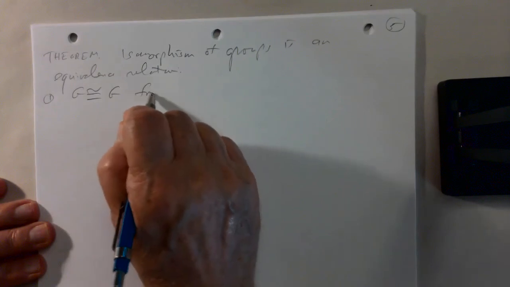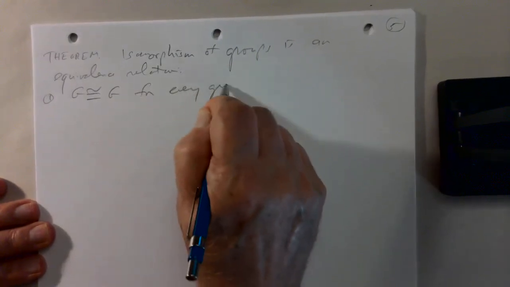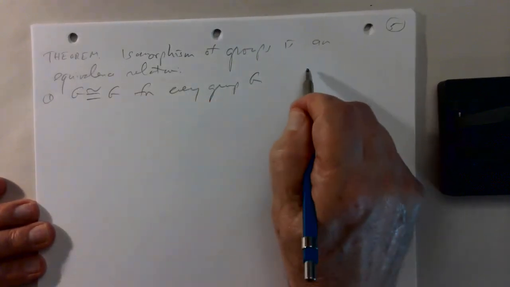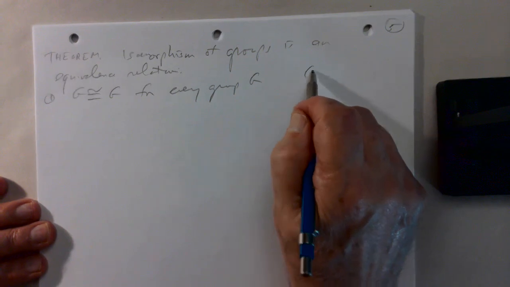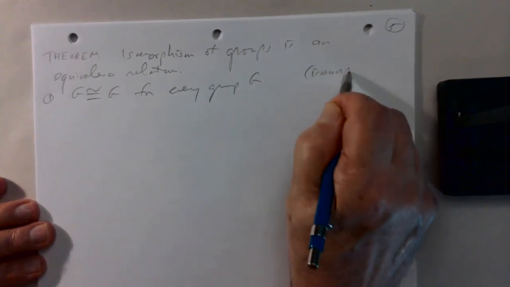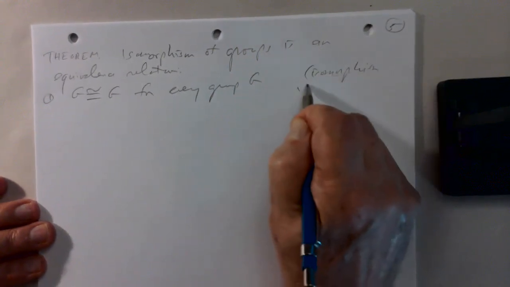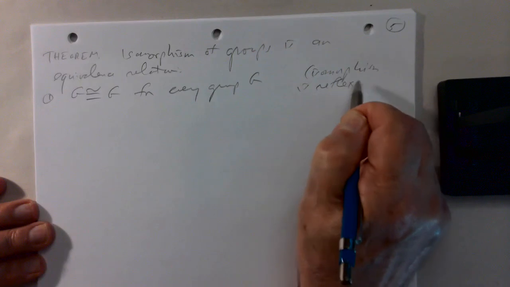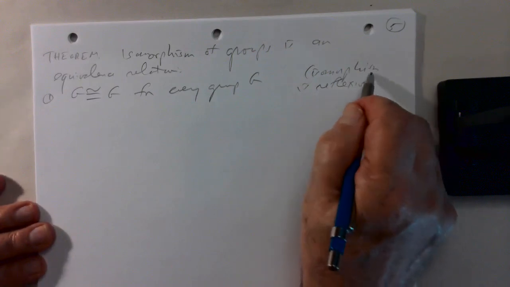So what does this mean? First of all, G is isomorphic to itself for every group G. So this says that isomorphism is reflexive.